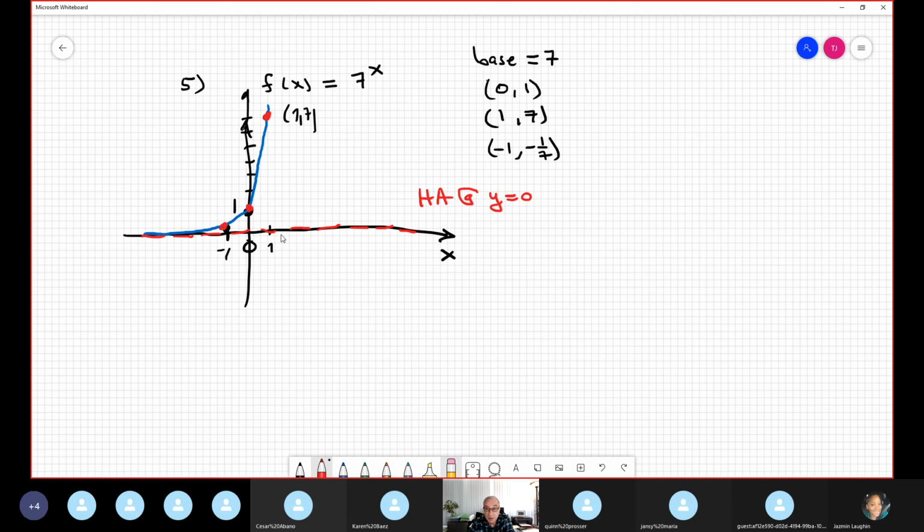Wait, and domain. What about domain and range? Well, it's classical. Domain is all real numbers. Remember, the exponential function is not like logarithm. Logarithm, no. Exponential, yes. And the range is only positive values, not including 0, because it's asymptotic and the blue curve never crosses or touches the x-axis, therefore, it is from 0 to infinity.